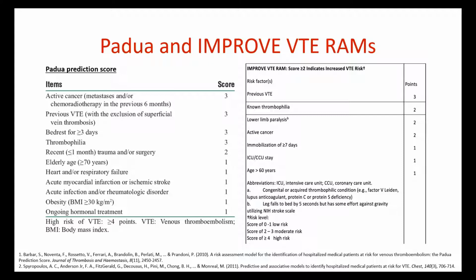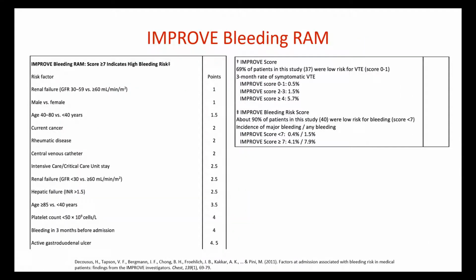And typically, for instance, in the IMPROVE VTE risk assessment model, VTE standing for venous thromboembolism, typically what happens is that patients, once they are assessed, are categorized as low, moderate, or high risk.